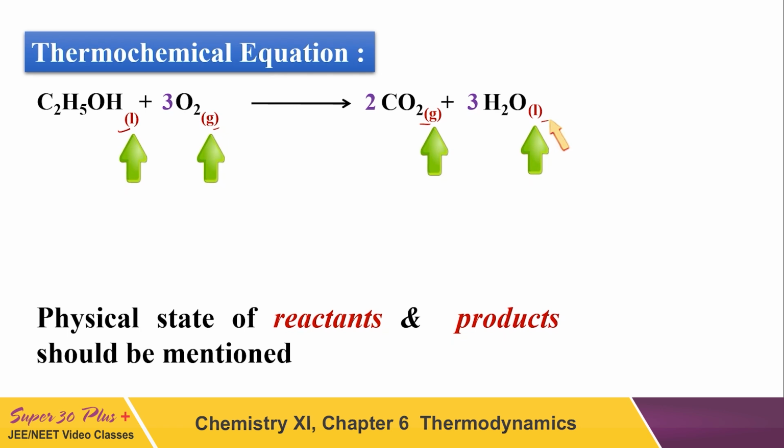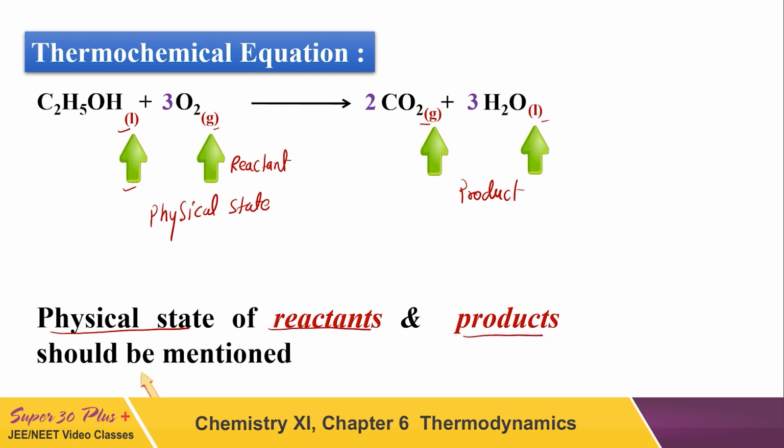So what we are doing here is mentioning the physical state of reactants and products as well. If the physical states of all the reactants and products are mentioned in the chemical reaction, it is called a thermochemical equation. This is condition number 2.